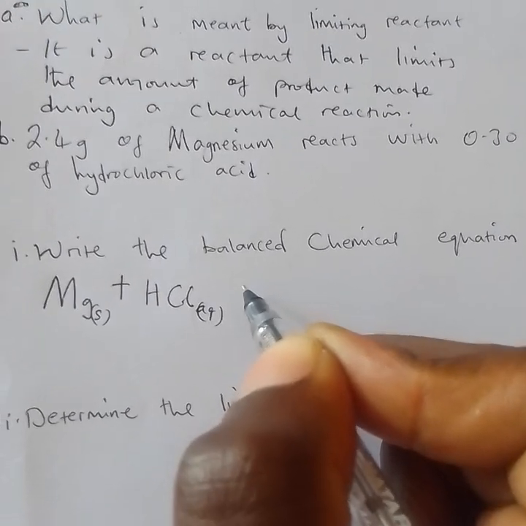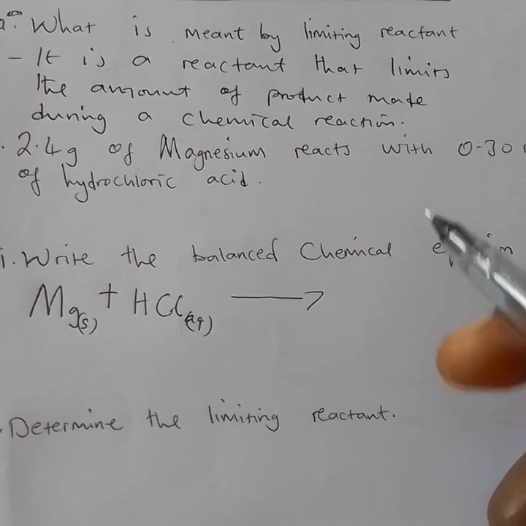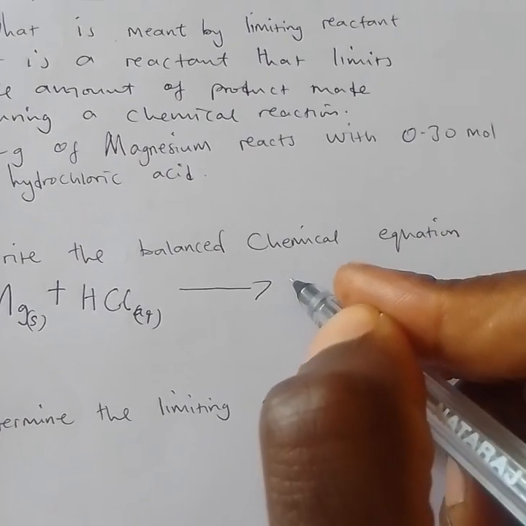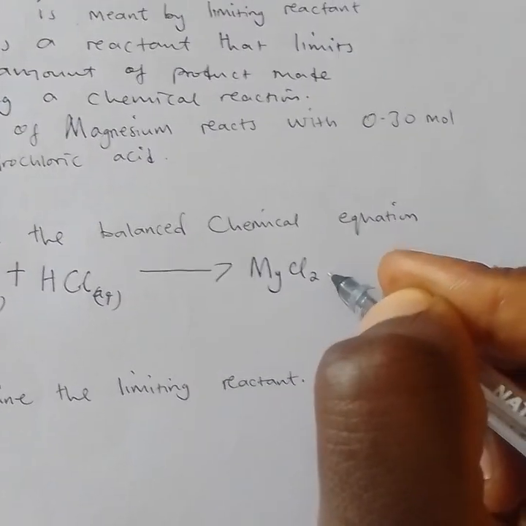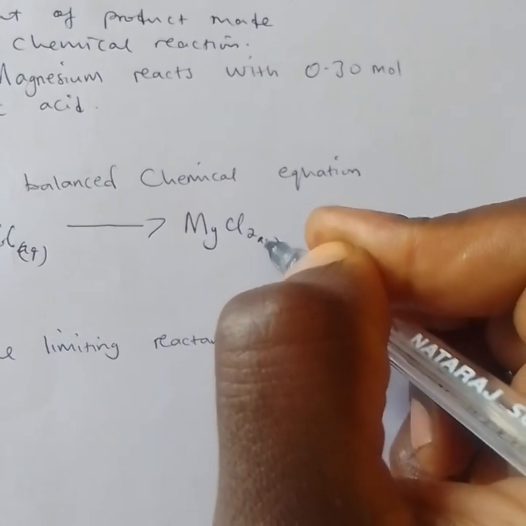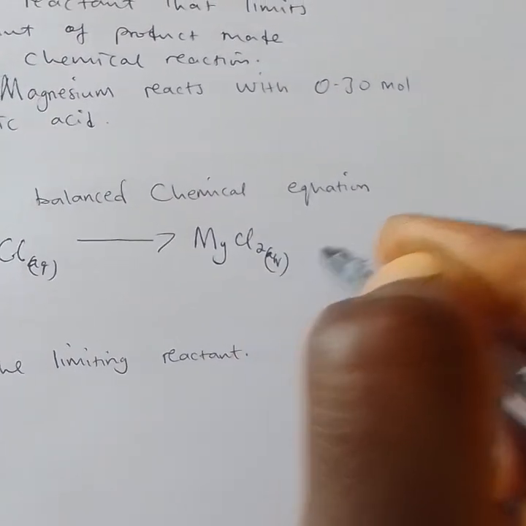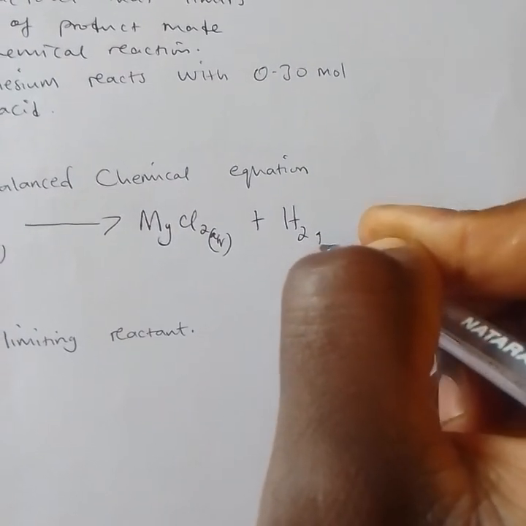This will give us magnesium chloride, which is aqueous, plus hydrogen gas.